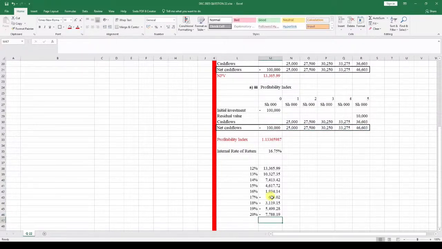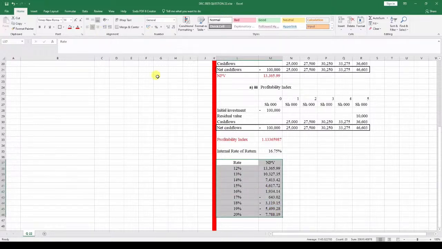Like that. So you plot a graph over here. This is the NPV, NPV, that rate. Like that. So just sort of put it center to make it look presentable.